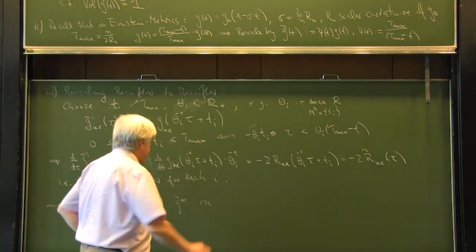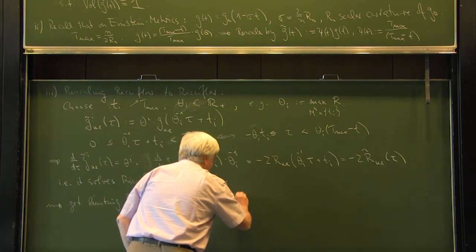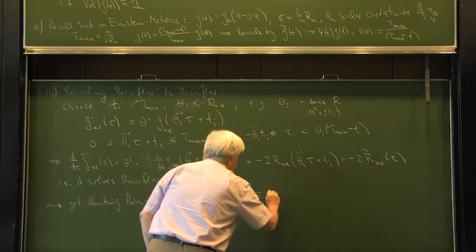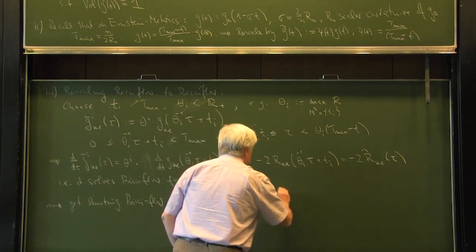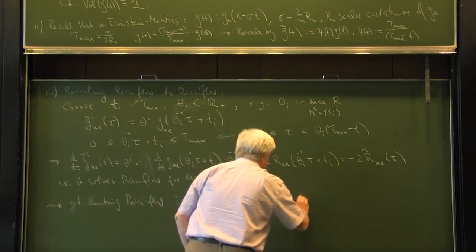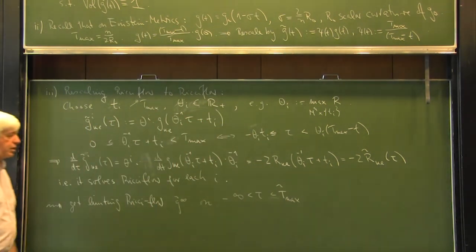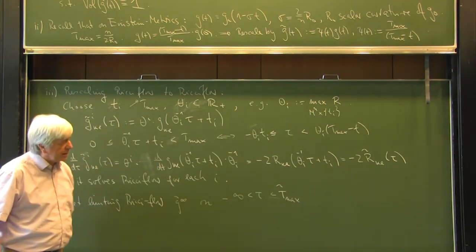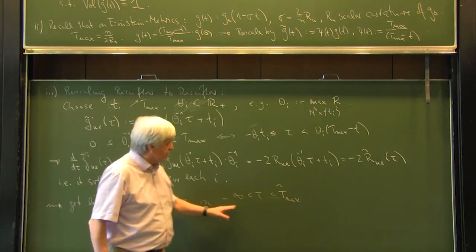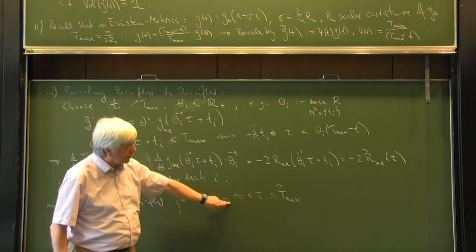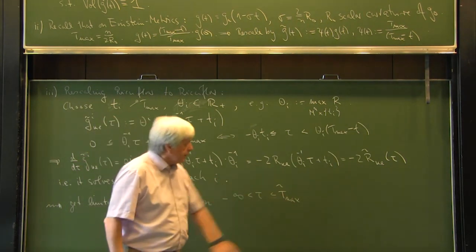This would tend to minus infinity, so you would get a flow up to some T tilde max, which may or may not be infinity, may be finite or infinite, but you get certainly a solution which exists on all negative times.